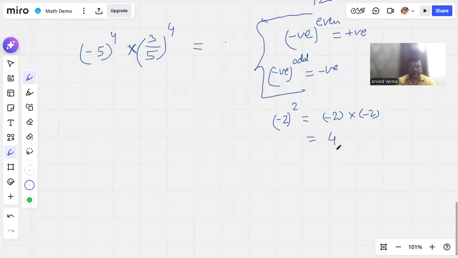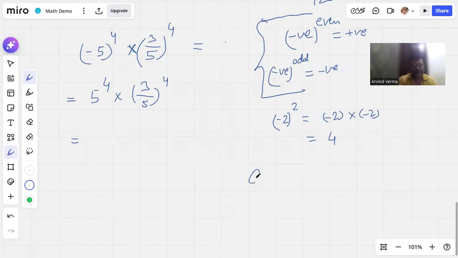So you end up with a positive number. That's why any negative number to an even power is always positive. So (-5)^4 is a positive number: 5 raised to the power 4 into (3/5) raised to the power 4.